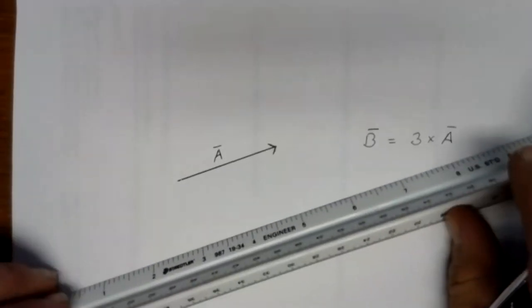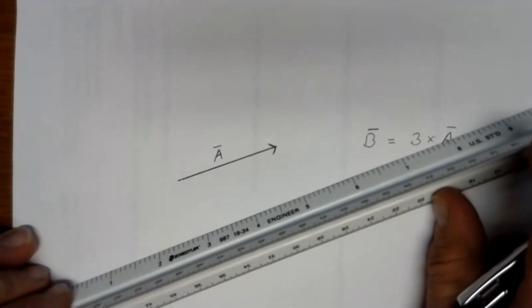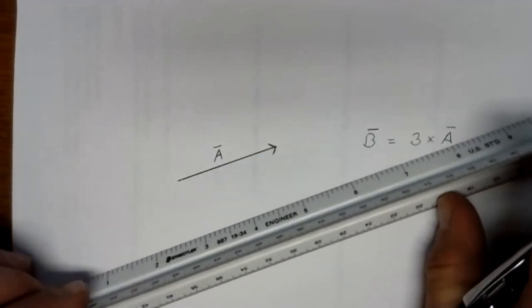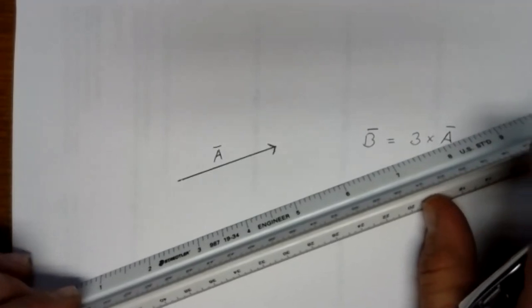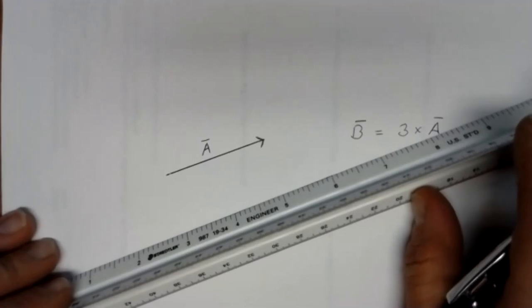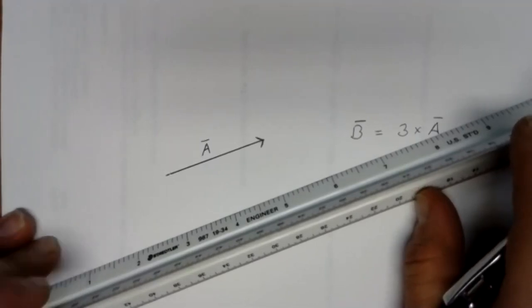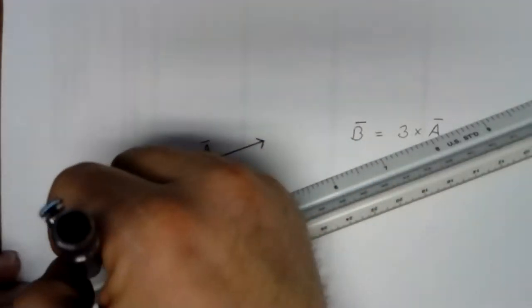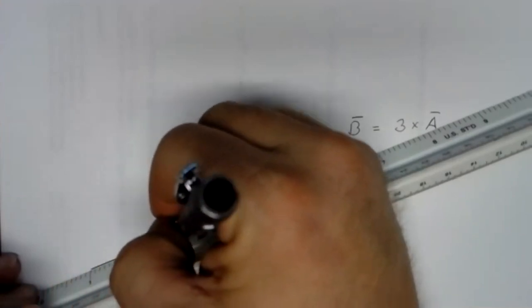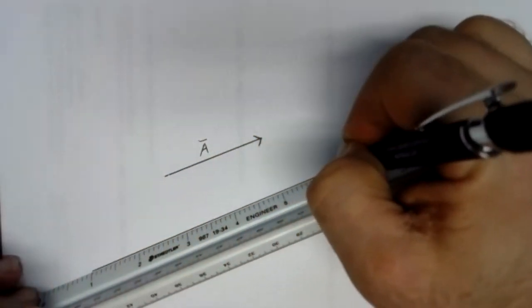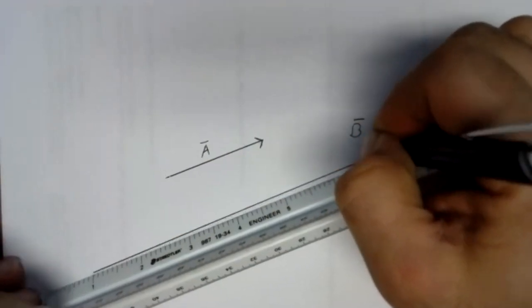So let's try and draw that out. In order to be in the same direction, I've got to get the same angle. I don't have to draw it right on top of it. You can draw it anywhere you want. That's one of the useful things about vectors. You can draw them anywhere you want, as long as you have the right size and the right direction, it's fine. So I'm going to start down here and get, let's see, 1, 2, 3, 4, 5, and 6.